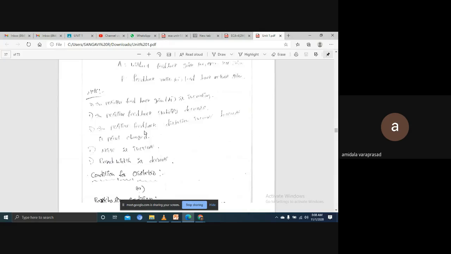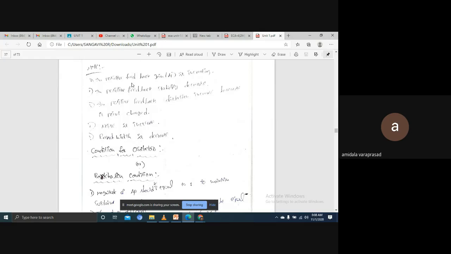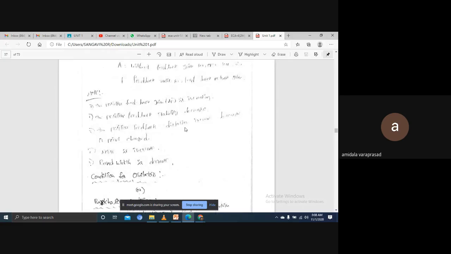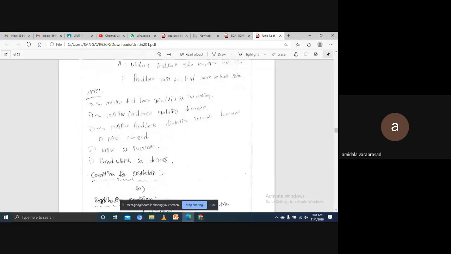Now we know that in positive feedback, gain is increased. In positive feedback, stability is decreased. When gain is increased, stability definitely will decrease. In positive feedback, distortion increases because the Q point is always going to change. Noise increases, bandwidth decreases.